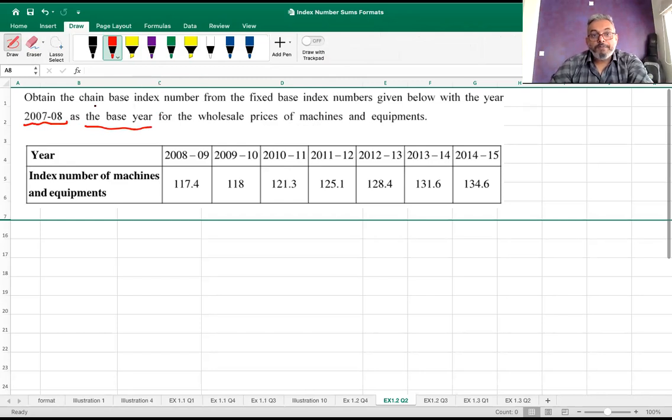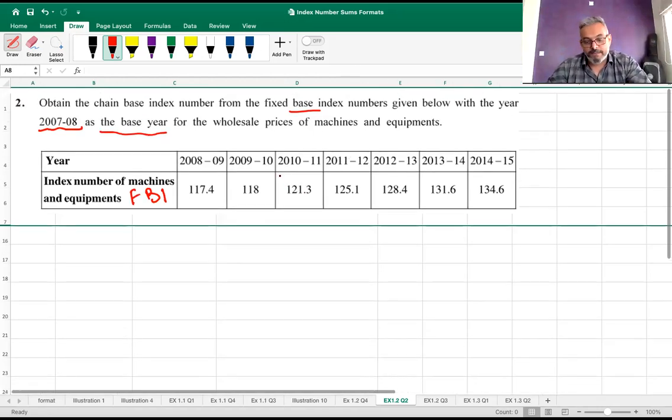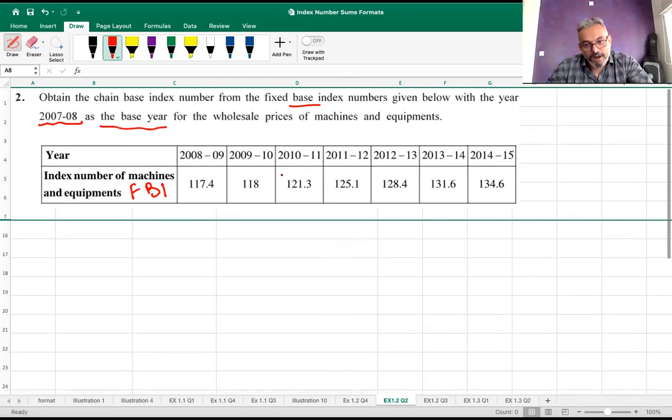So obtain the chain base index number. Let's see what is given: the fixed base. So this is FBI, please write FBI, so that you do not make mistakes in the formula, because there are two formulas, both conversions: first CBI to FBI, second FBI to CBI. Now, year is given and index numbers of machines are given.